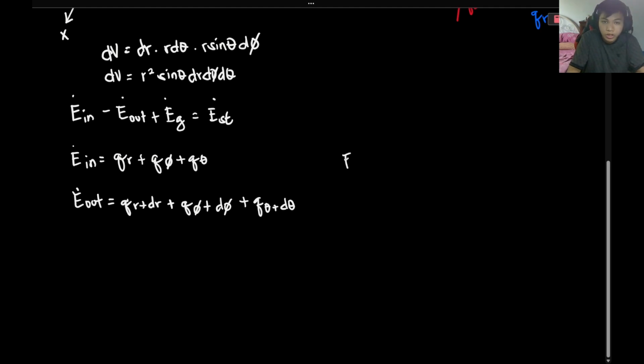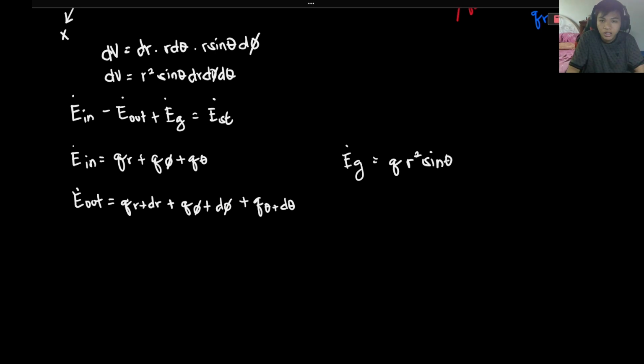For our energy generated, that would just be q dot times dV, and our dV is r squared sine theta dr d phi d theta. And for our energy stored, again, the energy stored would just be rho Cp.